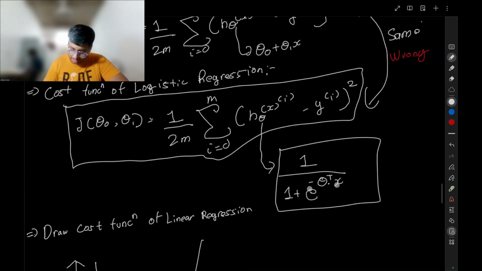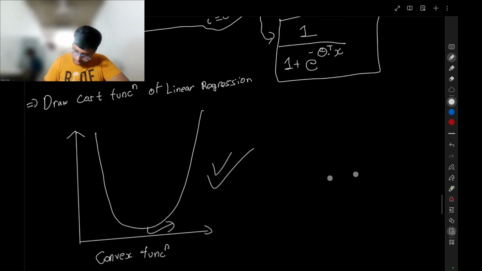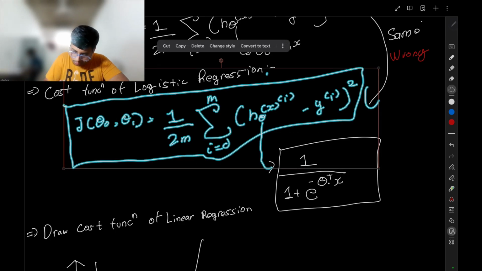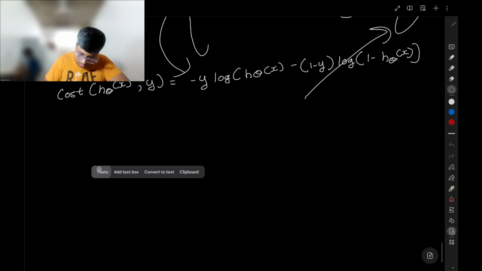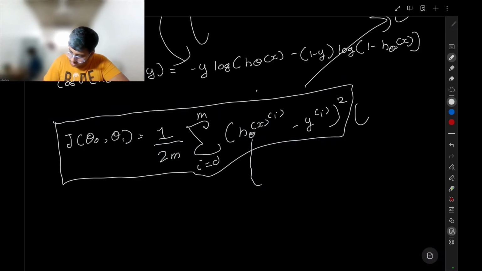So if you want to write the cost function again, let's copy this function, so it will be easier for you overall. Copy, paste. So here was our cost function.